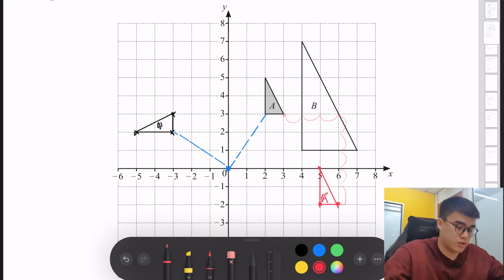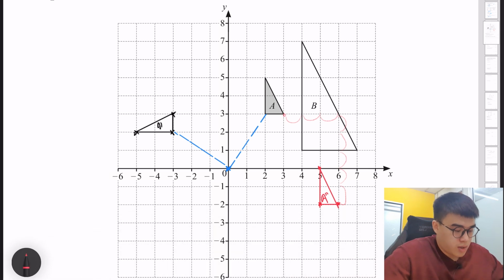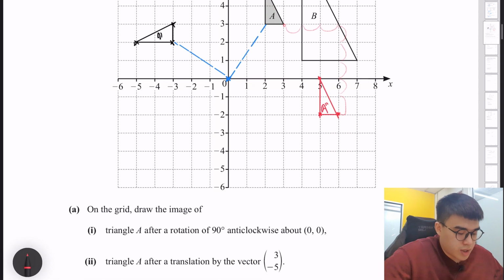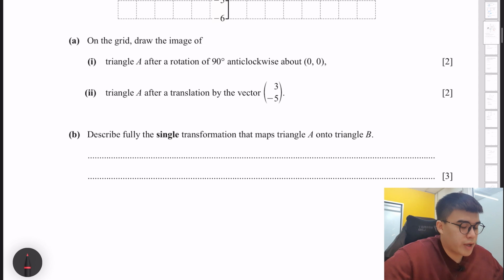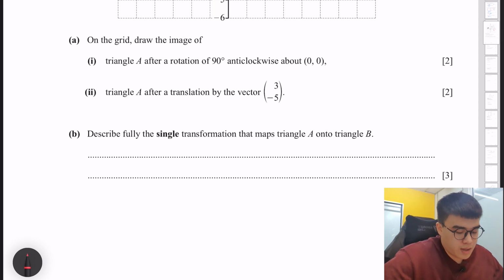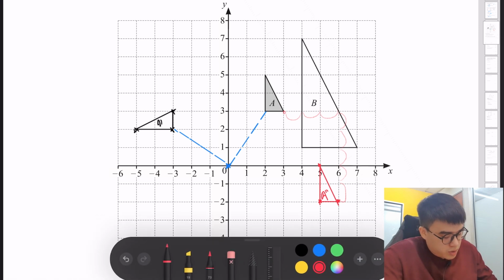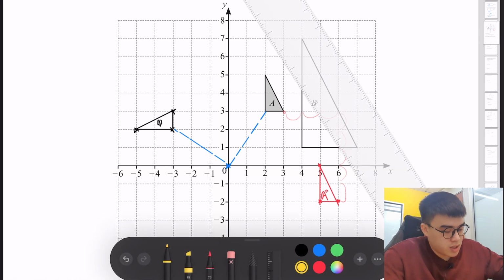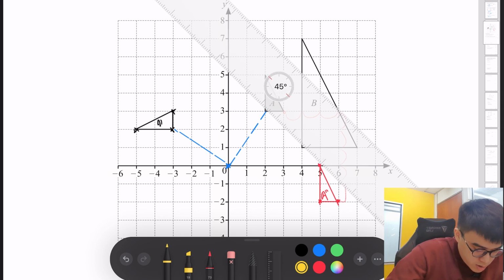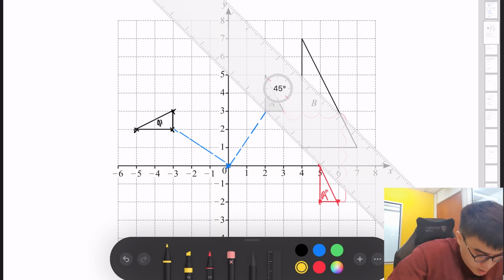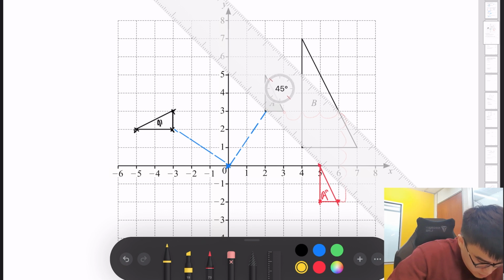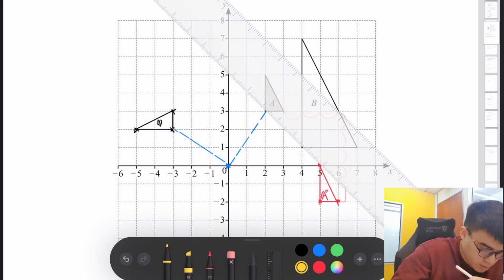Alright, so moving on. We have the following question asking us for a single transformation of A onto B. To make this easier, it's obviously an enlargement.